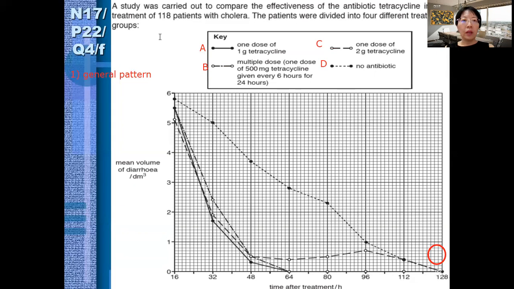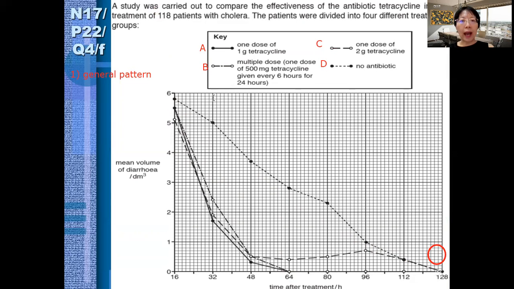So you see here, the general pattern of the curve is such that as the time passes by, your x-axis is time, right? So as the time after treatment increases, you can see that the mean volume of diarrhea is dropping for all of them. So whether there's treatment A, B, C, or whether there's no treatment D, for all the curves, you can see they're decreasing. So this is called the general pattern.